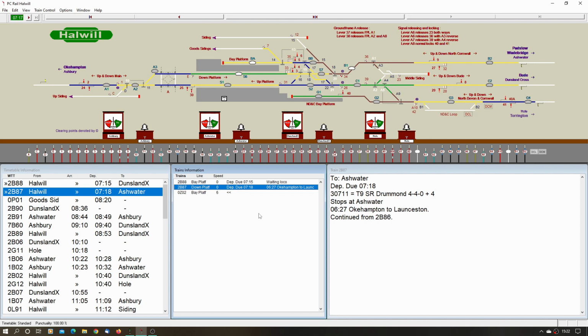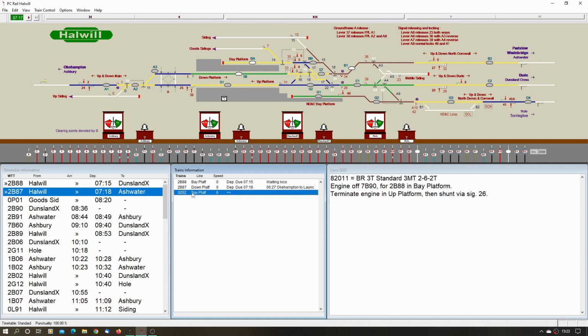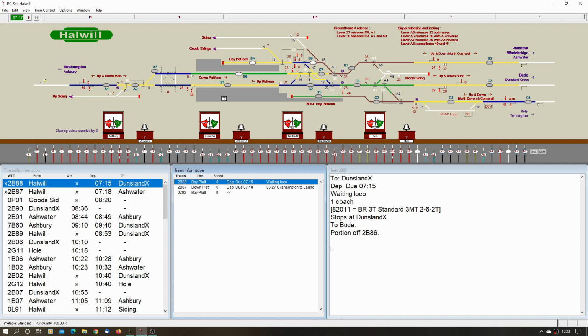It's a class OZ, so that will just couple straight away once you've told him to. Yeah, I'll try and keep it in the right sequence. That's if we can get the points set, of course, for it. Right, 34 can go back.